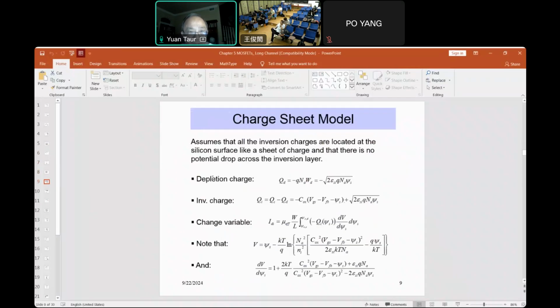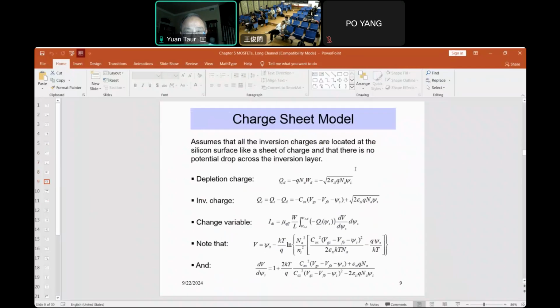Or we can think about the depletion charge. This is from the depletion approximation, that QD is Q NA WD, where WD is given by this with psi s the surface potential. But now we assume that this expression is valid even in inversion. That's the key of the charge sheet model. Before, we know this is valid for psi s less than 2 psi b.